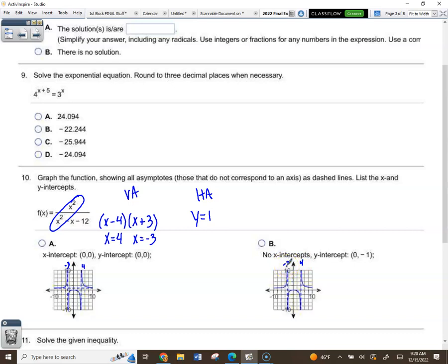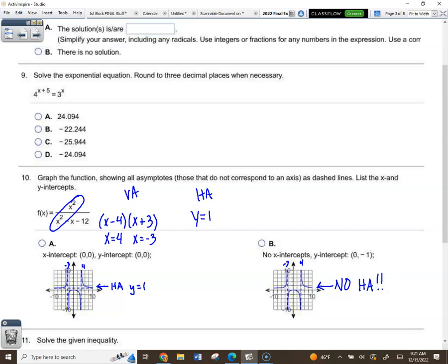The horizontal. If you look at the difference in those two, do you notice right here, this has a dotted line? That's an HA at y equals 1. Do you notice this one here has no HA shown?